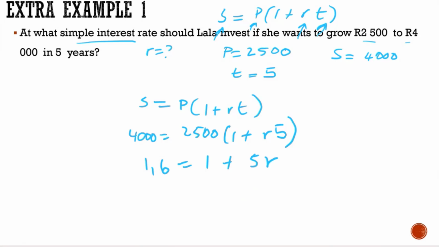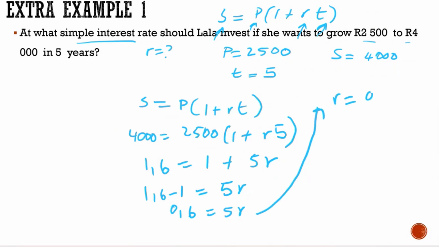Okay, and then you're going to have 1.6 minus 1 is equal to 5R, which is 0.6, which is equal to 5R, and then we move here. So your R is going to be equal to 0.6 over 5. So therefore your R is going to be equal to 0.12. That is 12%. So now we have looked at another component, the component of R.